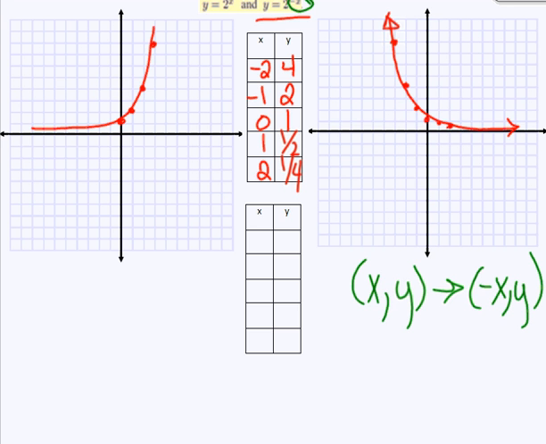So if you think about it, normally we have the point 1, 2. And look, we've just made that negative. So now we have the point negative 1, 2. And we have this y-axis reflection.